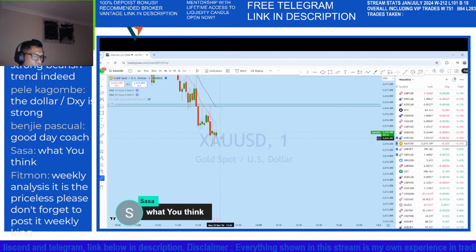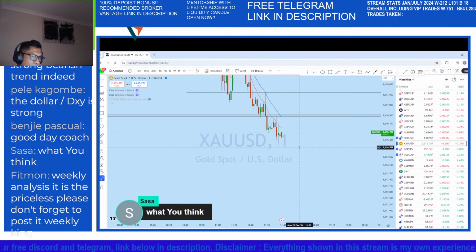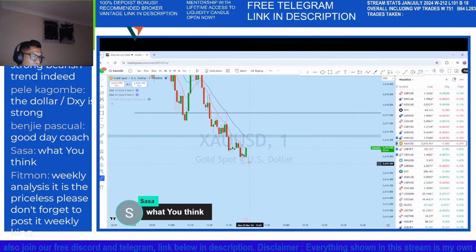So we can see back to back two doji formation, and with that two doji formation, expecting for the market to bounce, and that's where we'll see that break of structure.